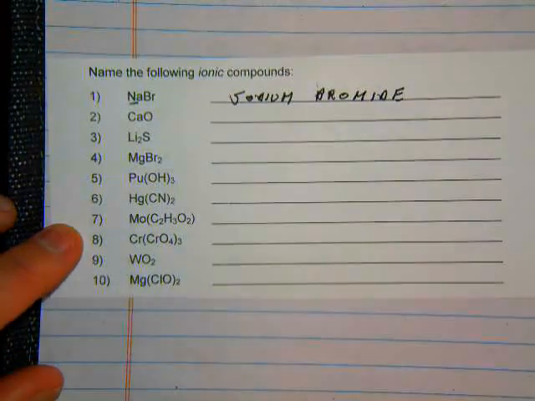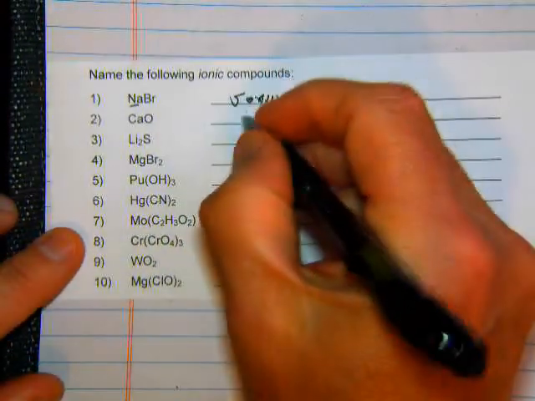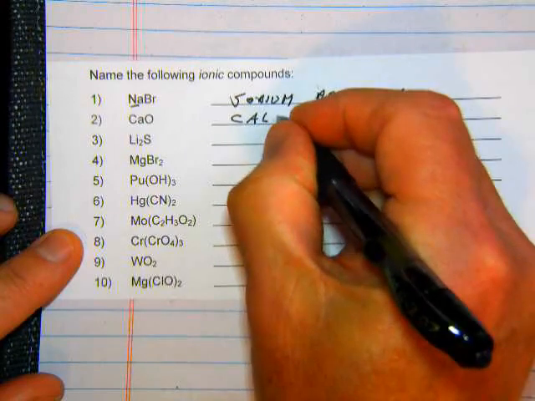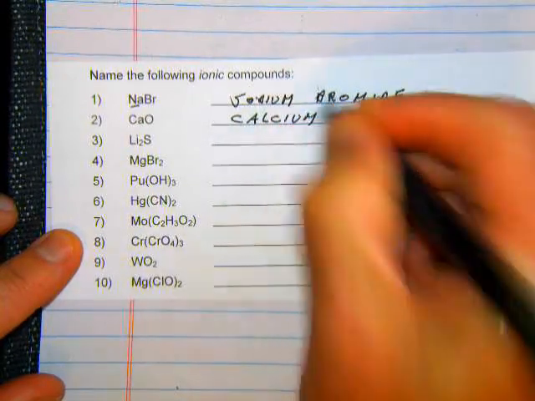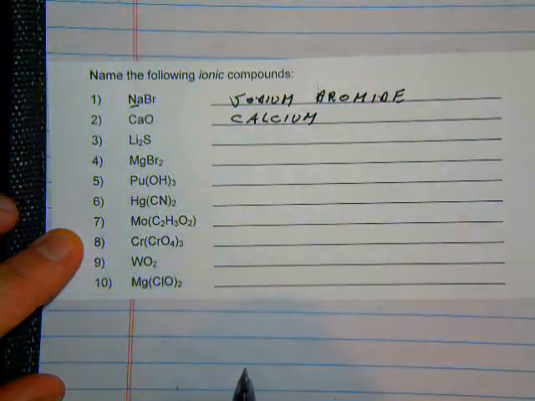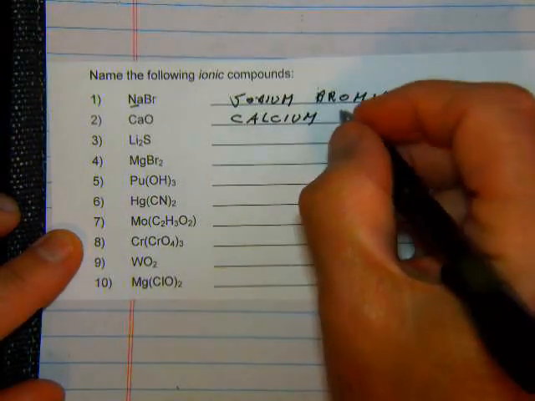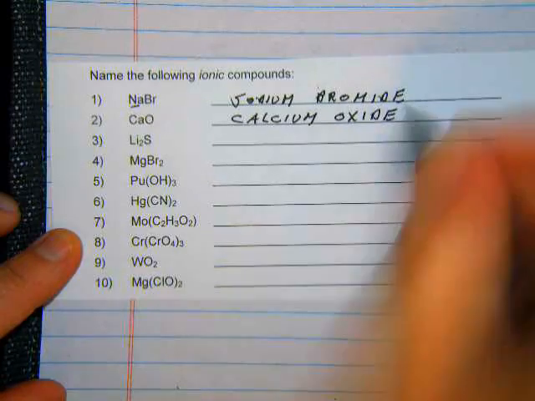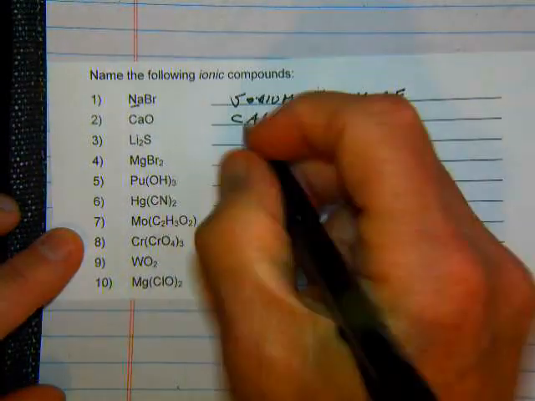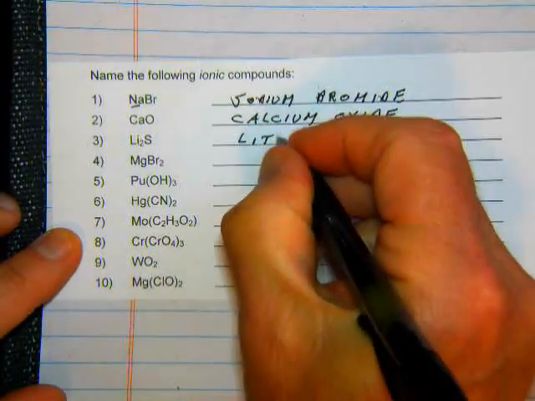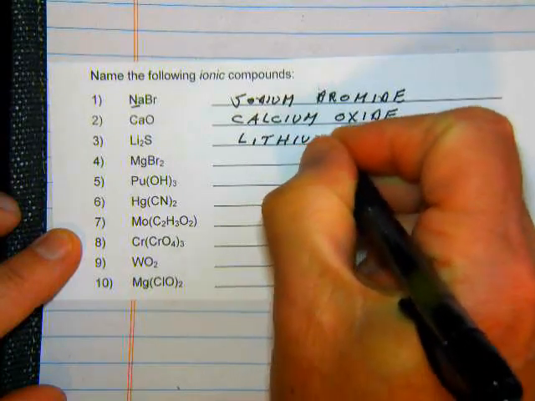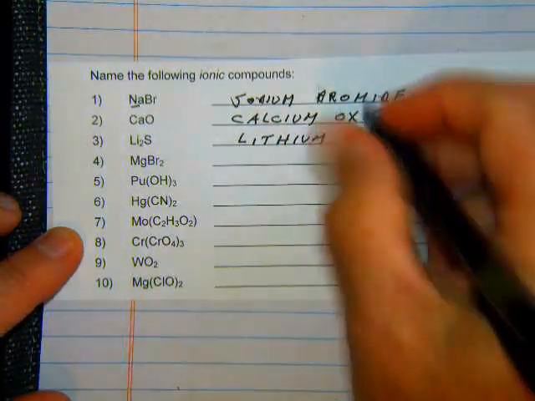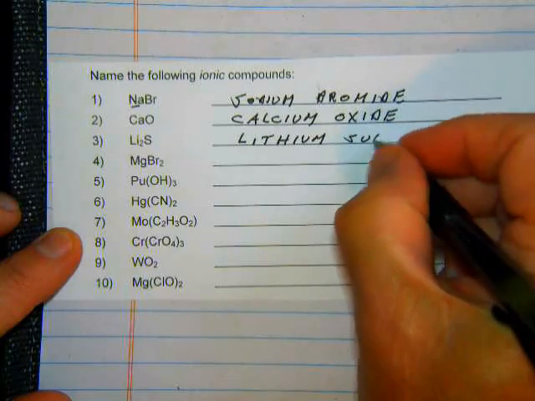Okay, the next one, the metal would be calcium, and the nonmetal is oxygen, and that would go to oxide. Number 3, Li is lithium, and the S is sulfur, and that goes to sulfide.